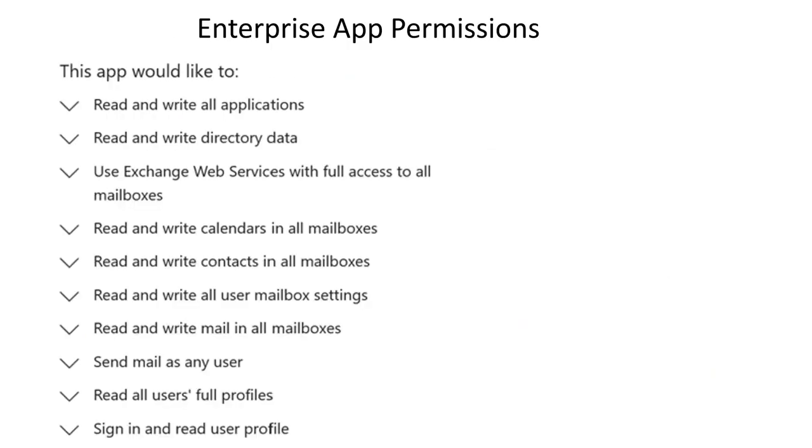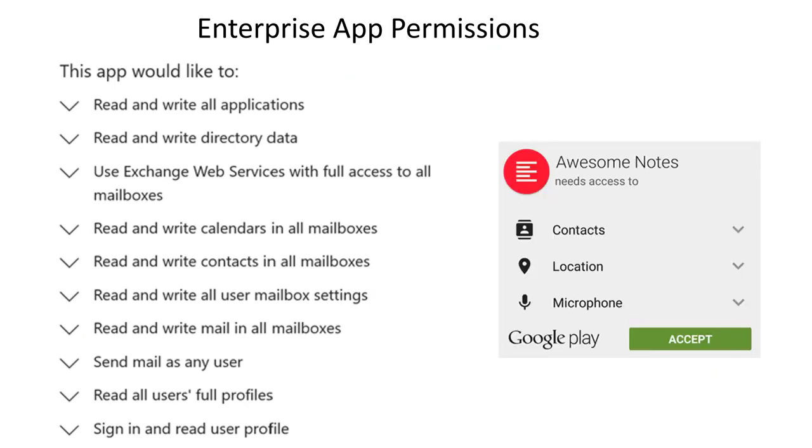But it's also important to recognize that any permissions that are consented to for apps in your Azure Active Directory tenant and Office 365 at large, and I know that it's now Microsoft 365, are very much like what you'd have on your phone. Once you accept those permissions, you usually don't go back and check them. So it's a good thing to make sure that your app permissions are reviewed, and I'll talk about this a little bit more in a bit.